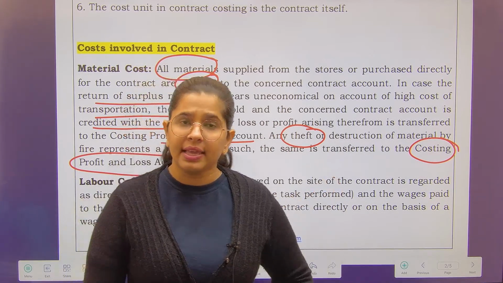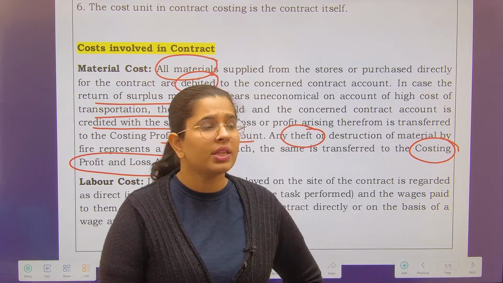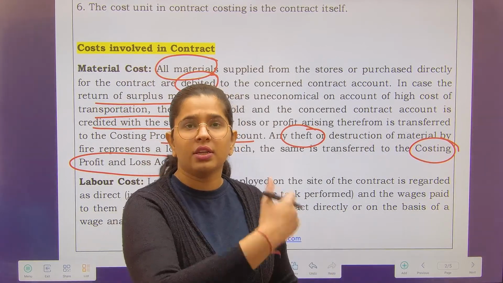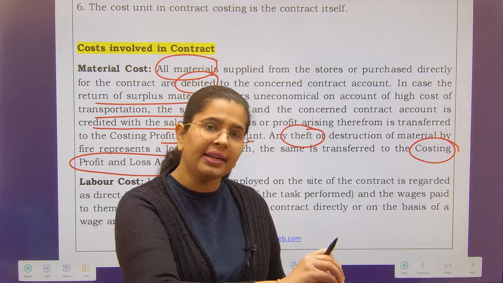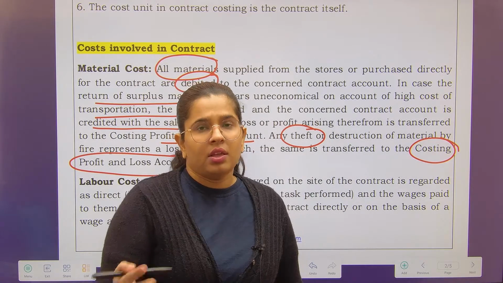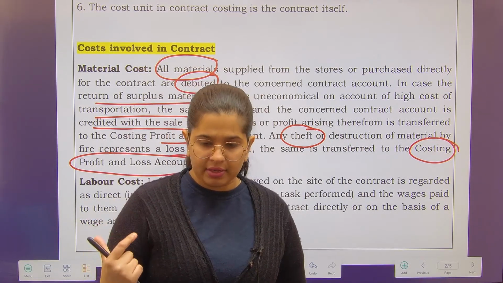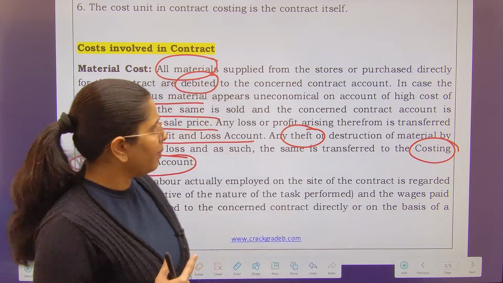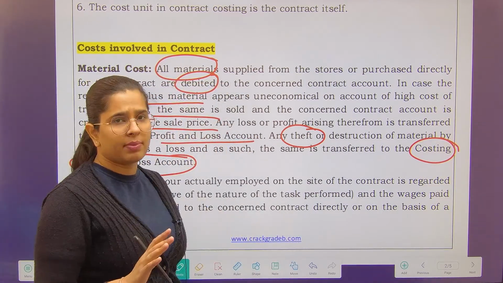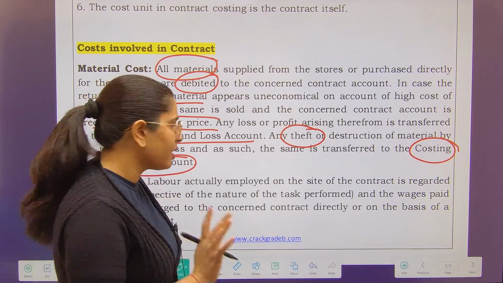Therefore, they are saying that if transportation is very high, then you can sell that raw material on the site and credit this in the contract account. Whatever the difference will be, that will get into costing P&L. So this might not be very important for you. What you have to just remember is, all the materials which you are charging will be debited to the contract account.